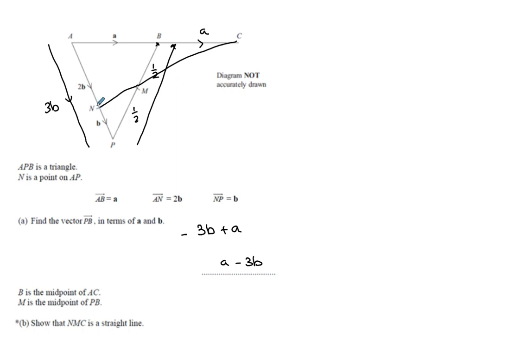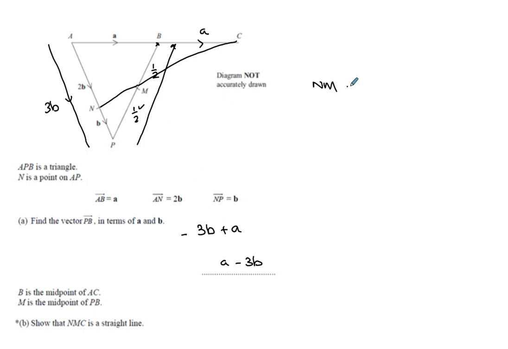Okay, so we've got to find vector NM first, and then find vector MC, and then show that they've got the same root. Okay, so over here we've got NM. How do we get there? We can go down there, and we've got PB, so we can find half of that.